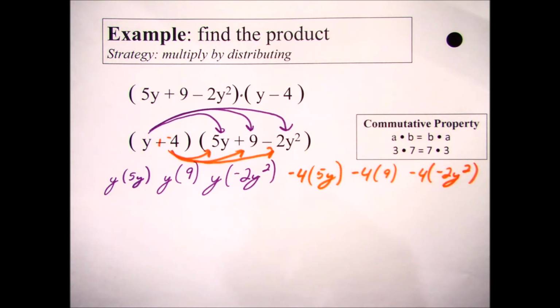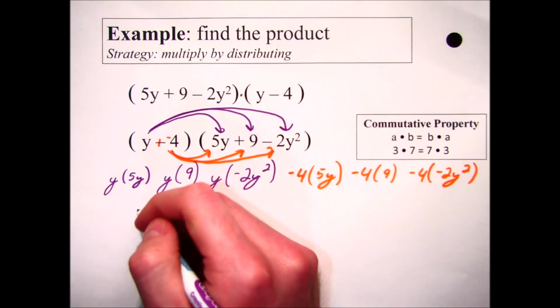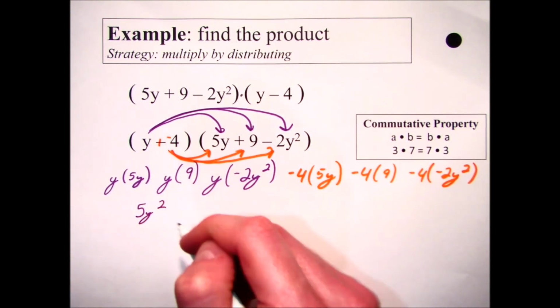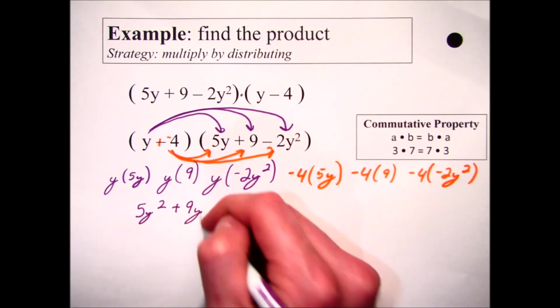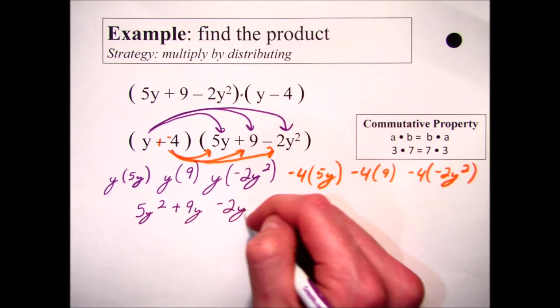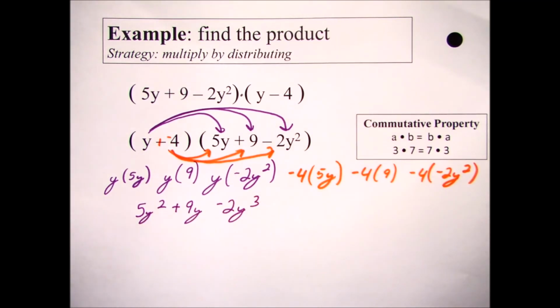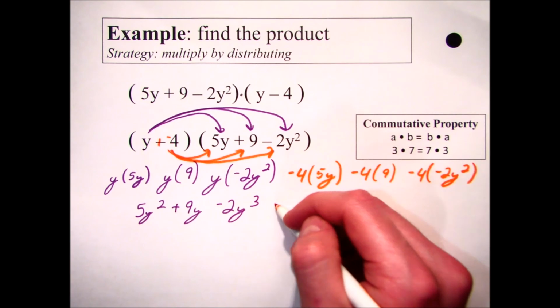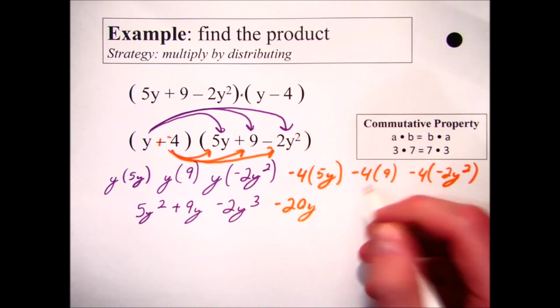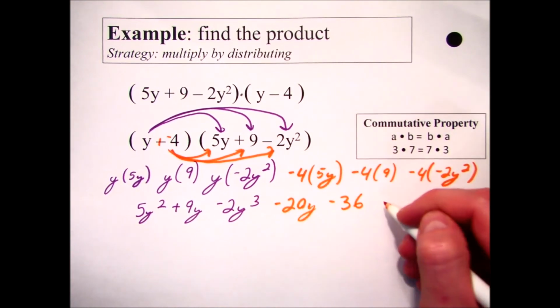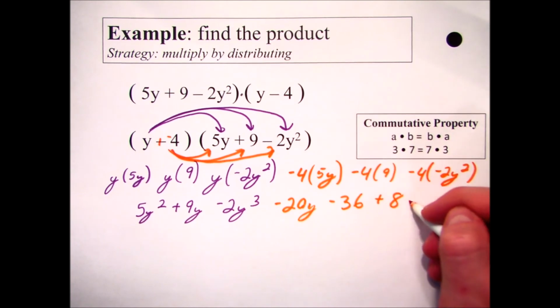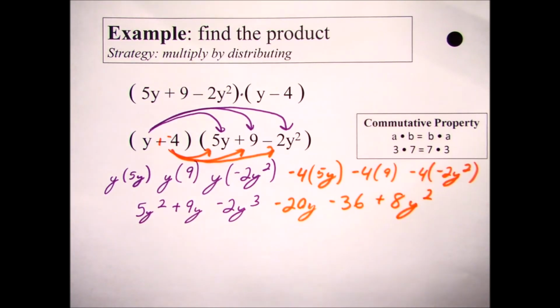Now let's just go ahead and multiply and then combine any like terms that we have. Here we go, and now we probably have some like terms that we should combine.